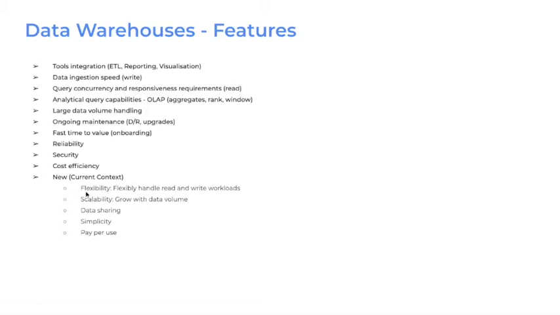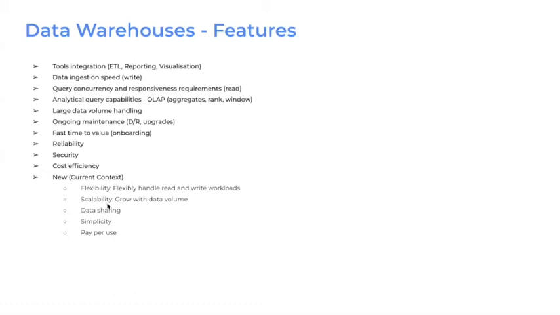So now in the current context, we are looking for flexibility. As we discussed, if we are moving to an ELT approach, wherein I'm going to see insert and read mixed workloads throughout the day, my system should be able to handle that. And we will discuss some of those things in the options we have in the market, as to how they're addressing these requirements.